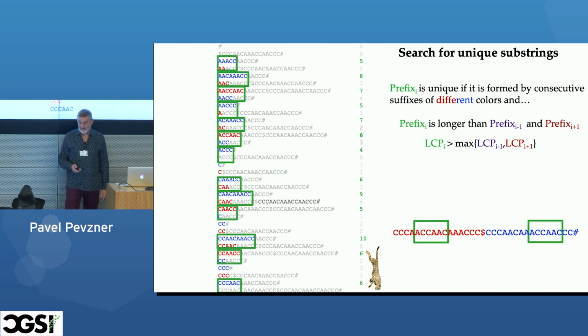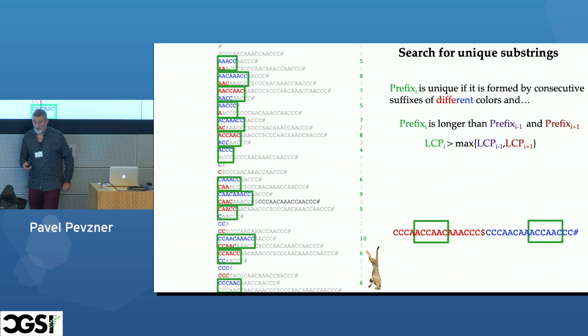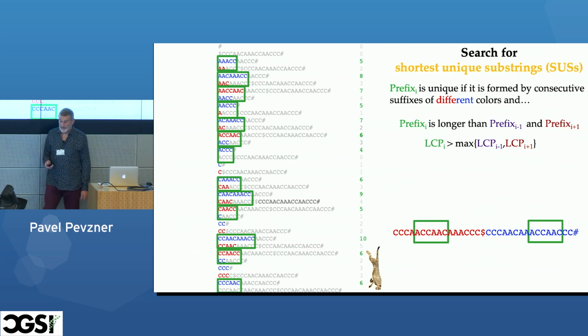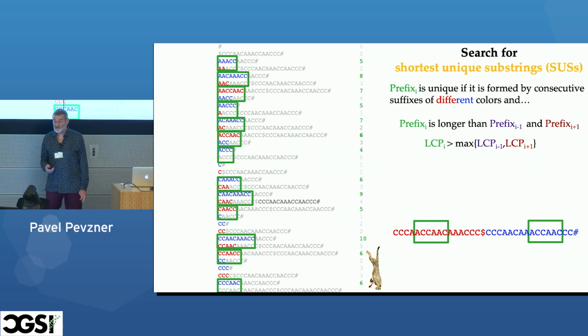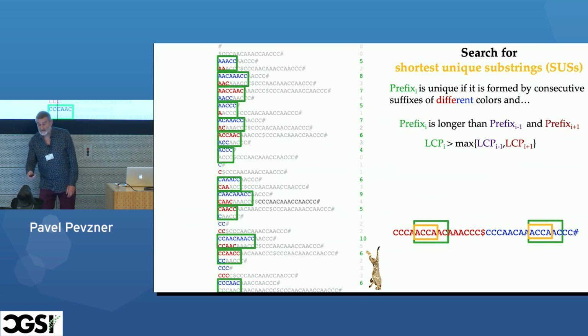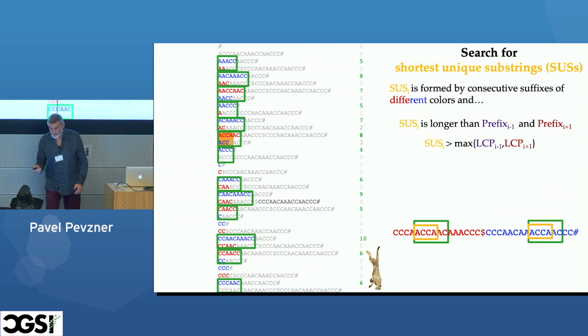So in a single run, we will find all prefixes, but we will instead solve a little bit more difficult problem: searching for the shortest unique substrings starting from a given position. And in this case, the shortest unique substrings are here. I will explain later why we are interested in these SUS substrings. How do we look for them? Well, we already basically solved this problem.